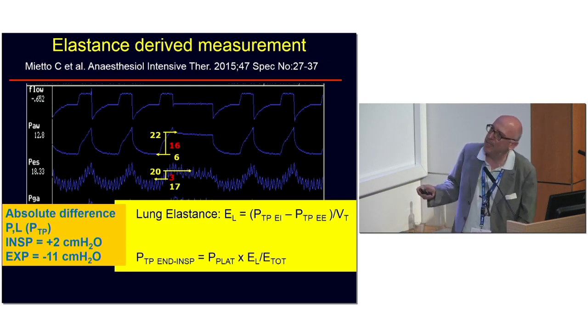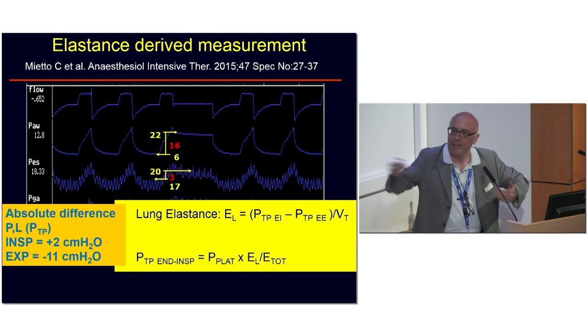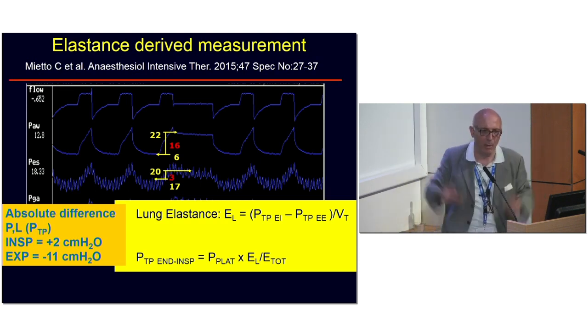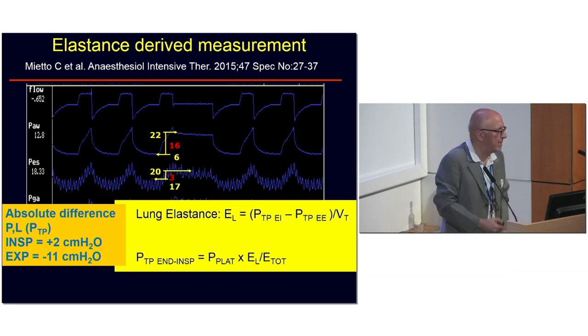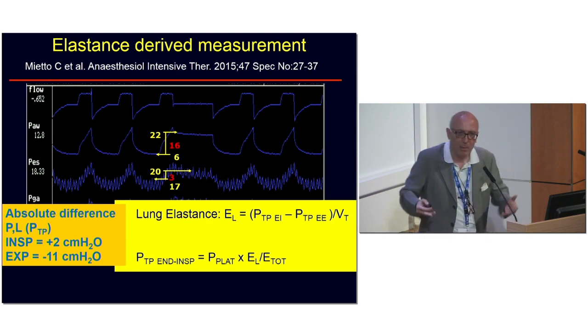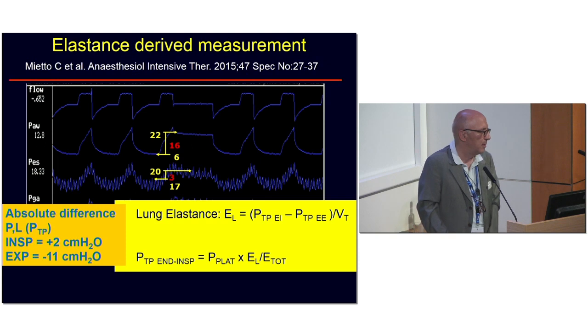At end expiration, 6 minus 17 is minus 11, okay? Means that at this point, Talmor would put 15 of PEEP to counterbalance this negative transpulmonary pressure. It means that the esophageal pressure is higher than the pressure in the lung, and this should cause the collapse.